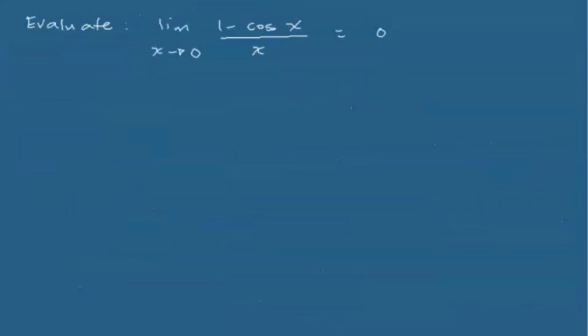Okay, the next one, let's evaluate the limit of 1 minus cosine x over x as x approaches 0 and why that is equal to 0. By substitution, we'll get the limit of 1 minus cosine 0 over 0 as x approaches 0.